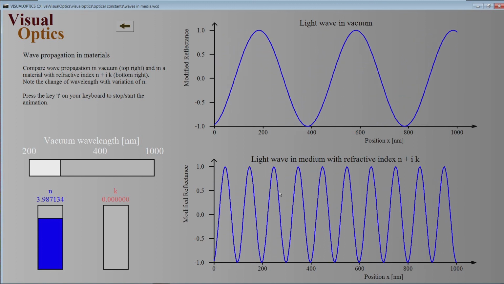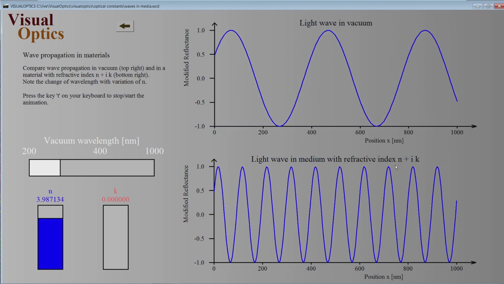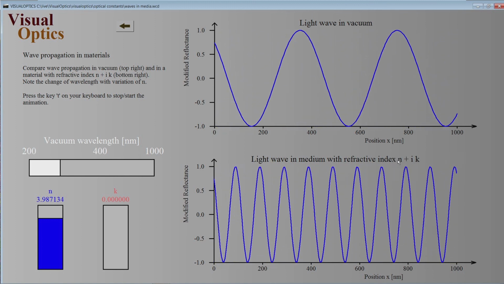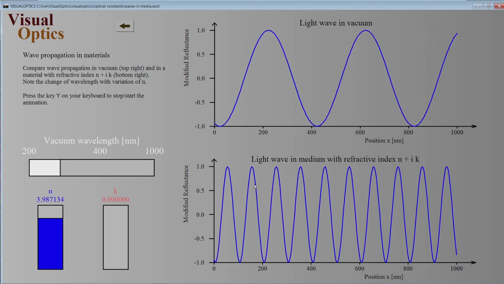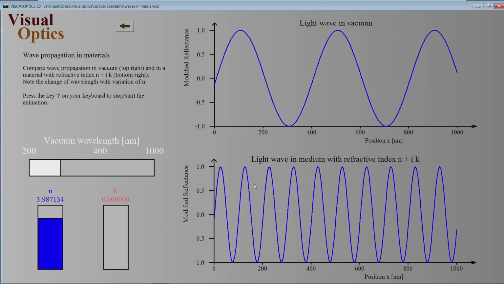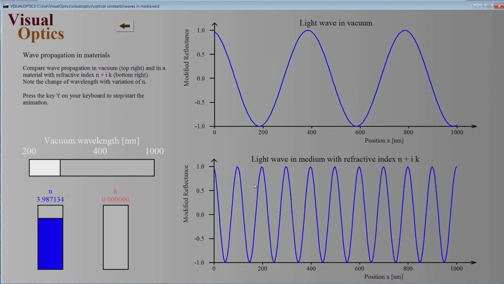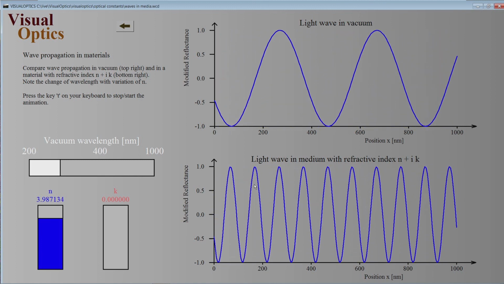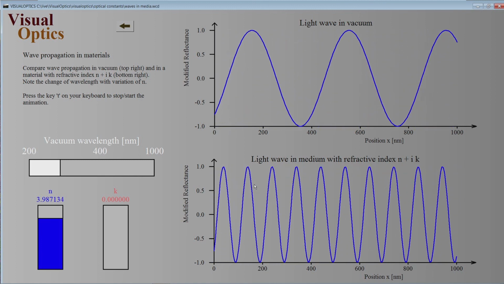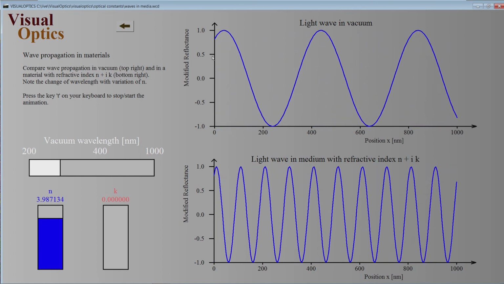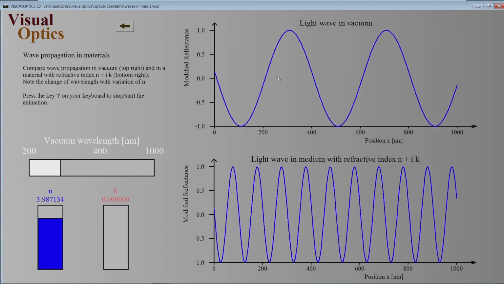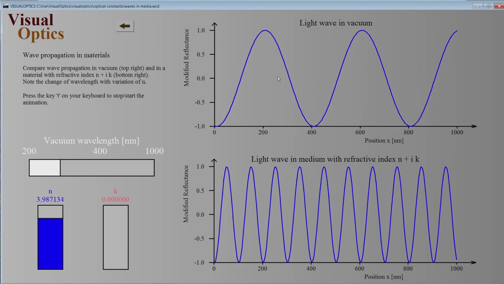So the waves in materials with high refractive index N, with high real part, are very slow. Still very fast compared to any motion that you may know from your daily life, but much slower than the comparable wave in vacuum.